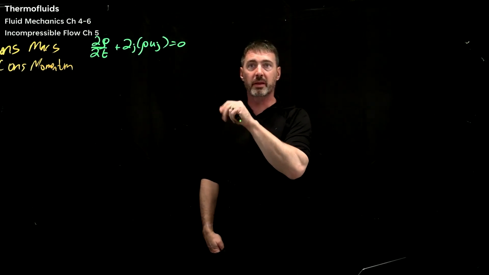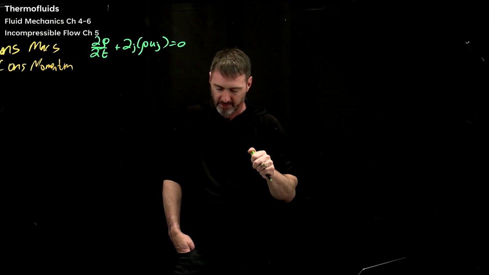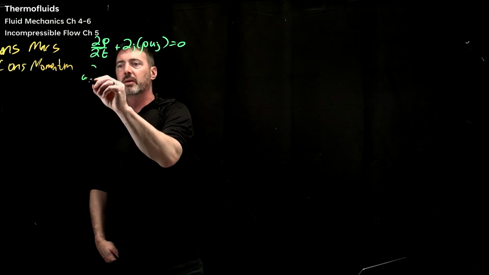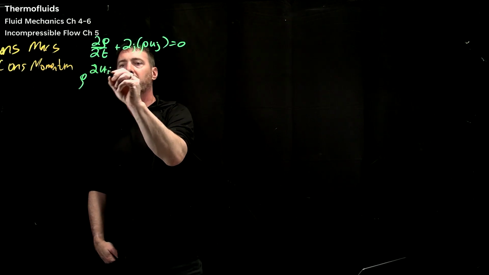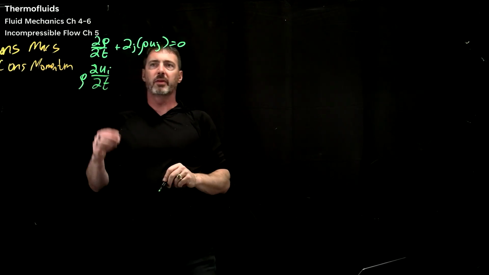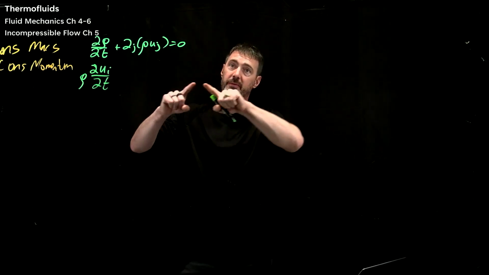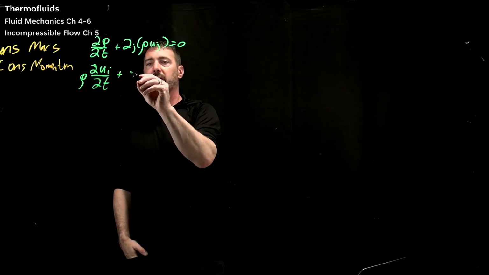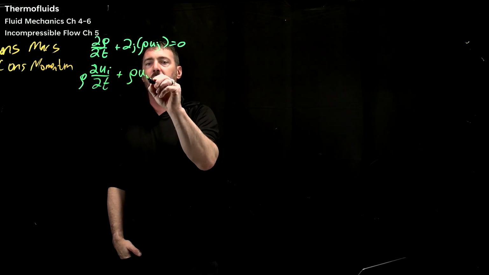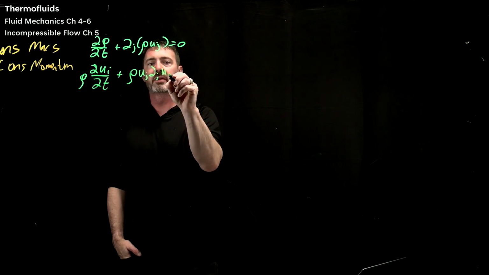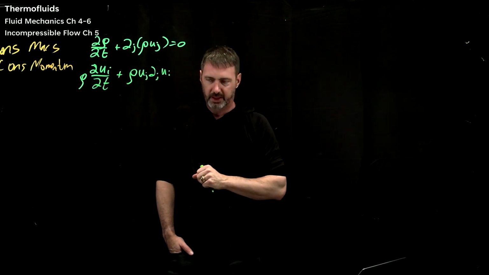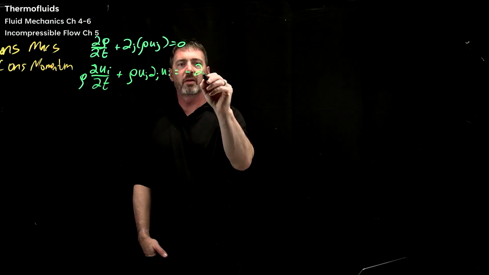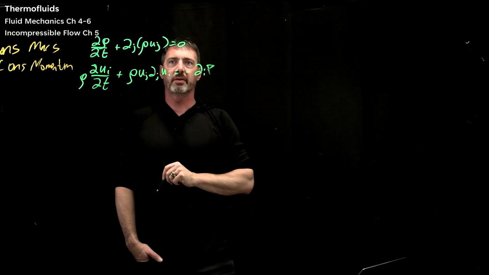This is completely true. And then conservation of momentum is rho times the rate of change of ui in time. This will be a vector equation, so i is the free index, which means this is a vector. And then we have a uj del j ui, and that's equal to negative del i P, the gradient of the pressure.